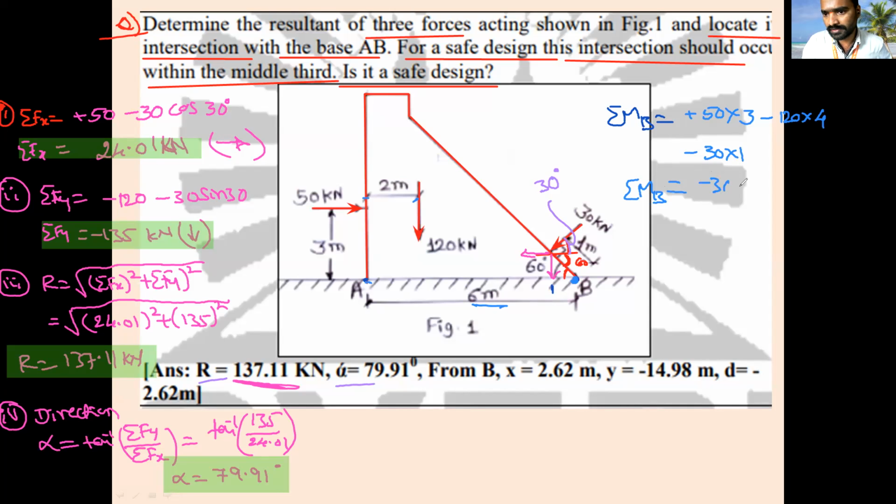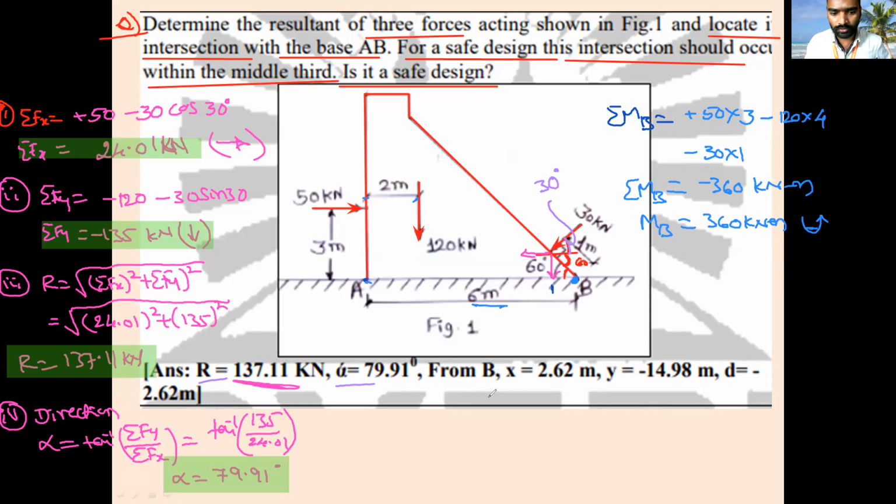What is the unit? Kilonewton meter. So the moment about B is 360 kilonewton meter, in the anti-clockwise direction, so minus.